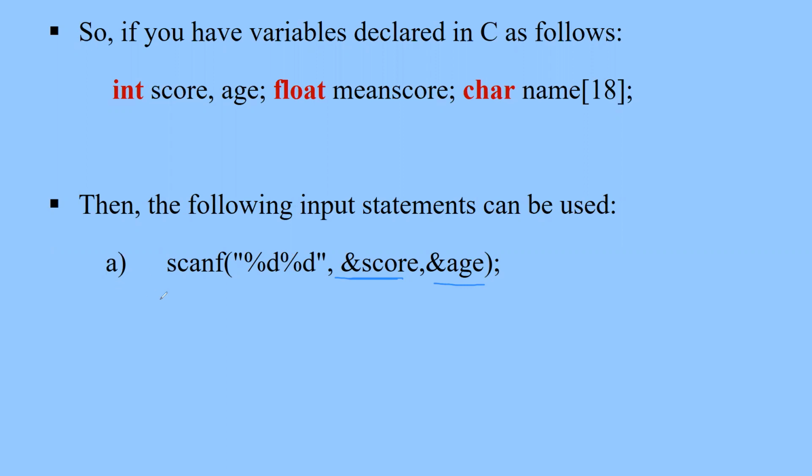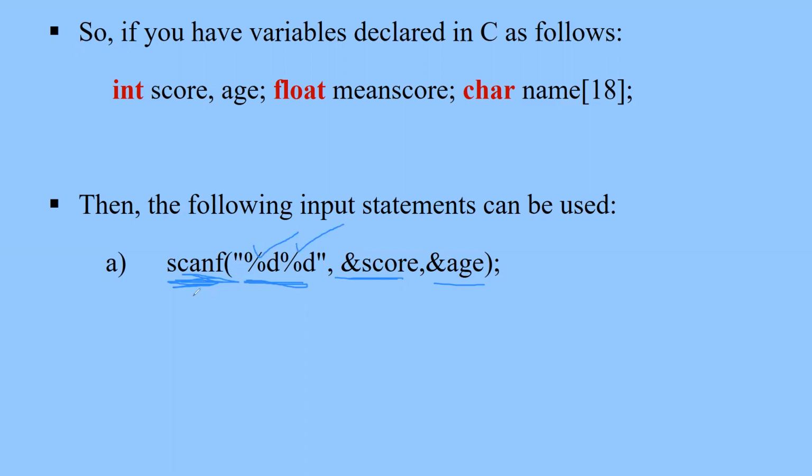So this statement tells the compiler as follows. Scanf, get, read two values of type integer. This is the identifier for type integer, that is whole number.